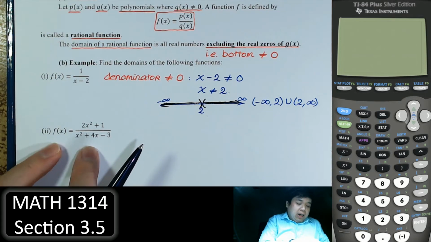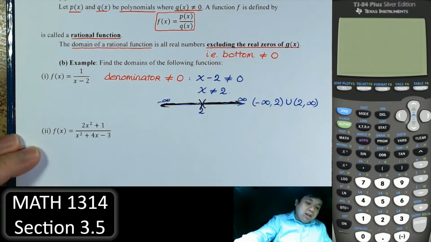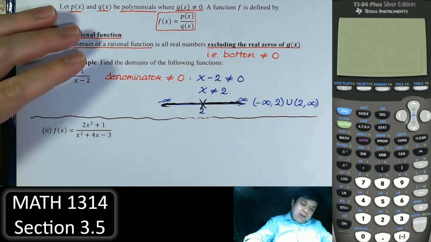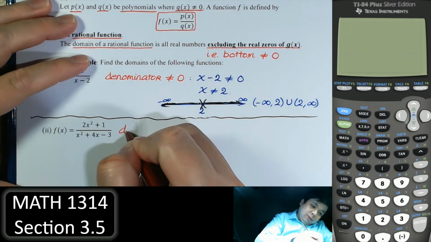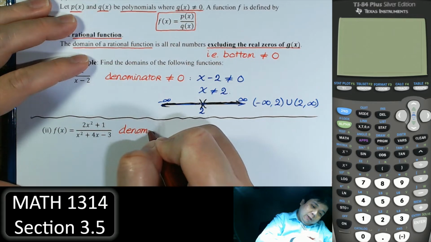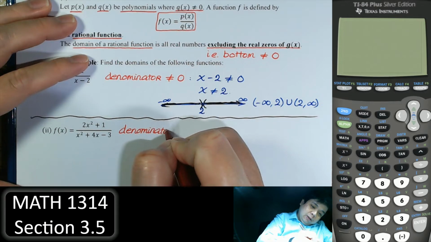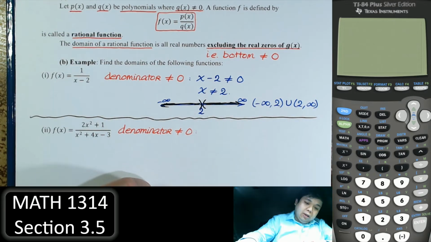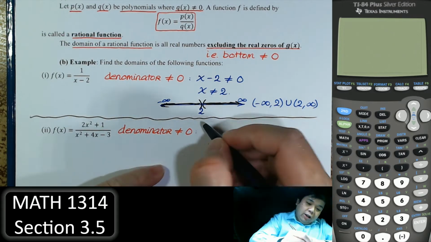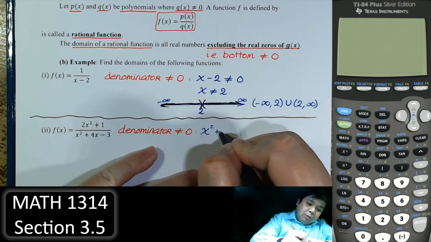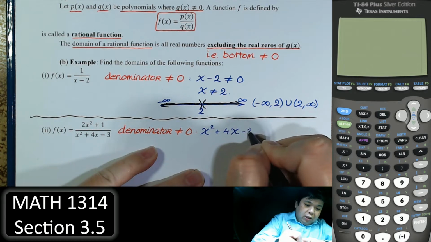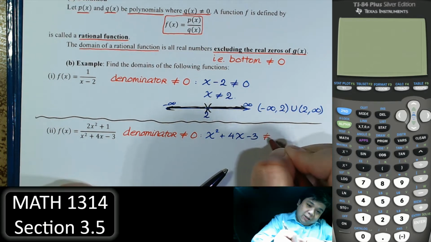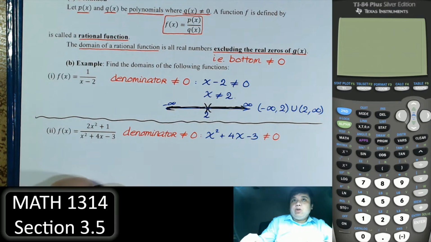Similarly, for this rational function, just let the denominator not equal to 0, or the bottom not equal to 0. So we have x squared plus 4x minus 3 not equal to 0. And now we just solve for x.